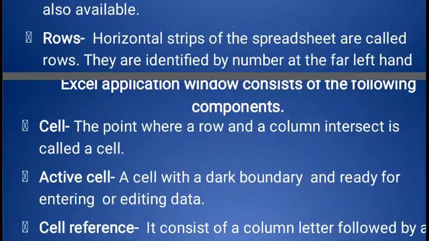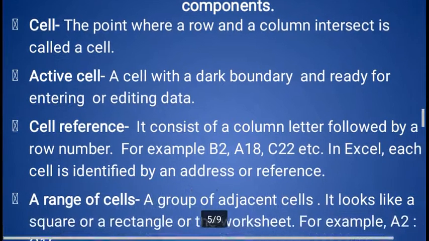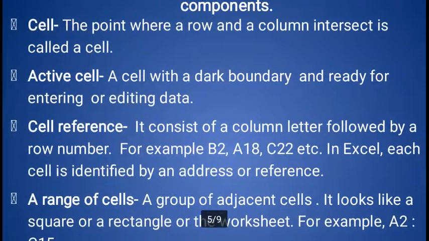Now the next thing is cell. The point where a row and a column intersect is called a cell. Active cell: a cell with a dark boundary, ready for entering or editing data. Cell reference: a cell reference consists of a column letter followed by a row number.